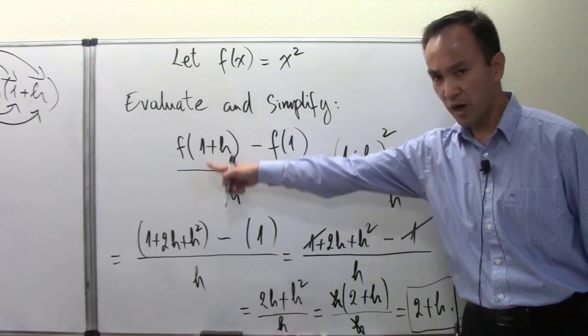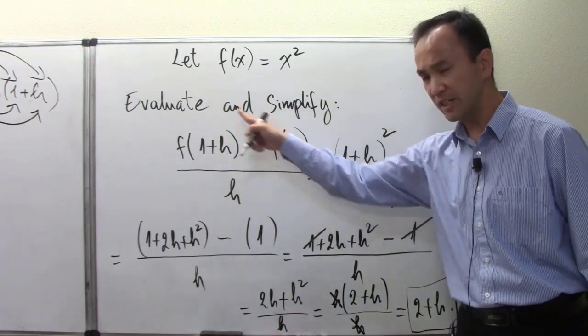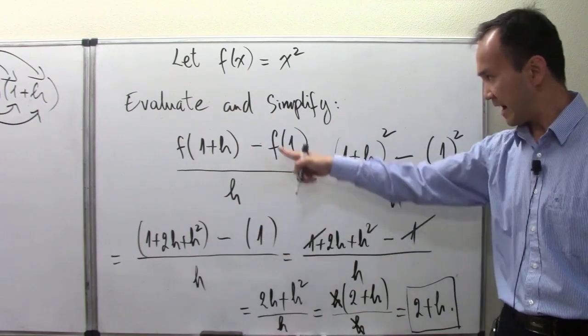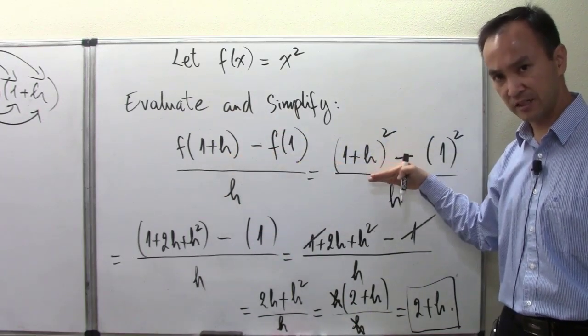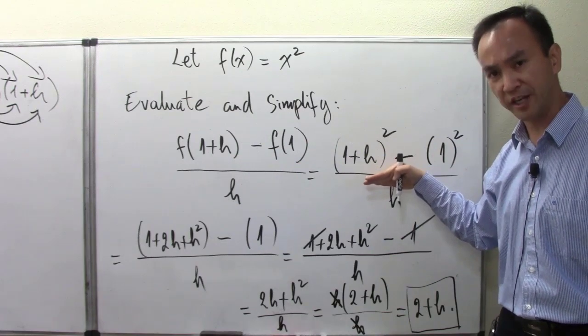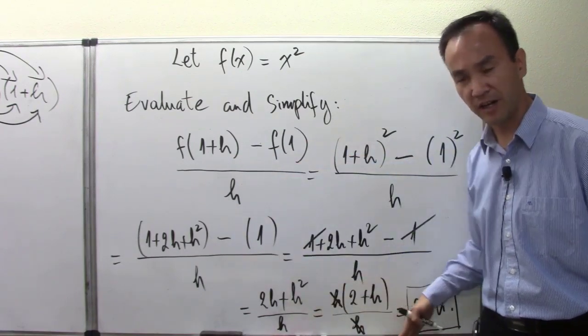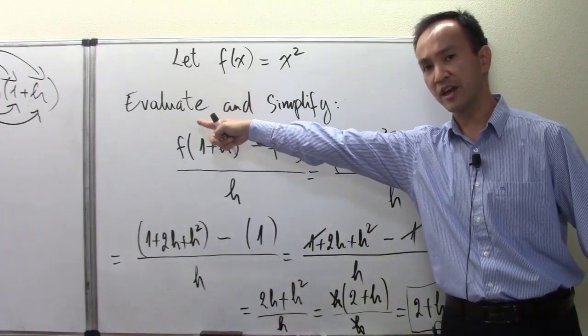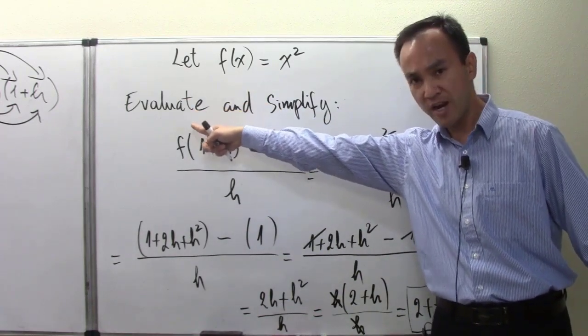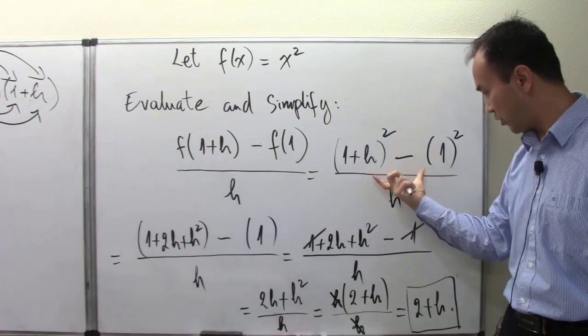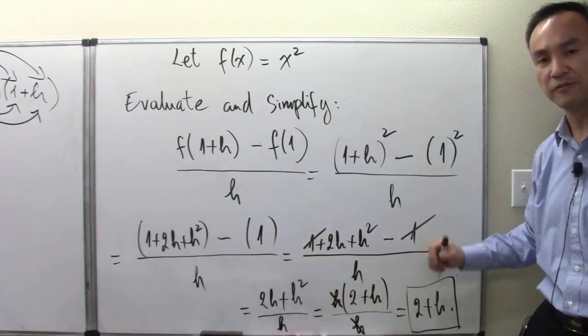But this work that we started, after we evaluated, we ended up here. And then from that successful evaluated point, we moved on and simplified. That's why the instruction of the problem asked us to evaluate and simplify. Evaluate it and spend our time to simplify.